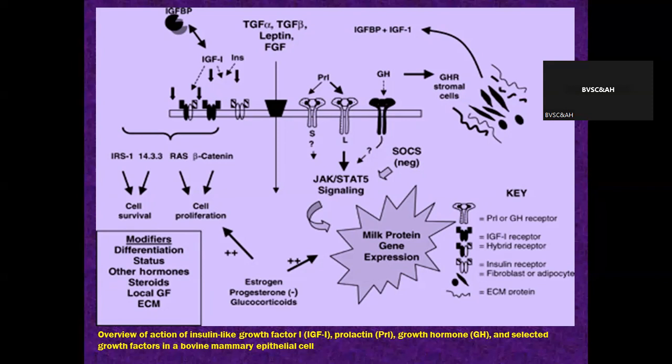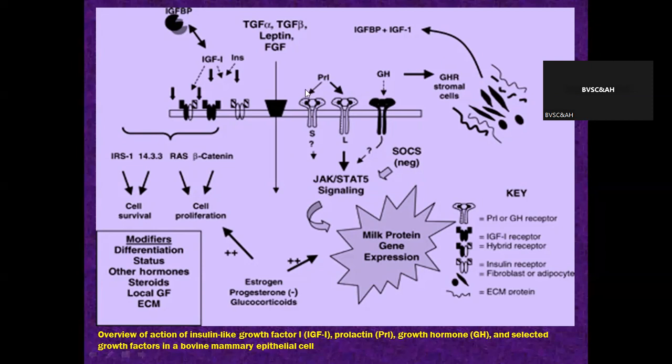You find that you have receptors for growth hormone and receptors for prolactin, and they act through JAK-STAT5 signaling. They increase the milk production gene expressions. They also increase the mitogenesis, or the proliferation, of the epithelial cells. And growth hormone acts via stromal cells, which produce the IGFs.